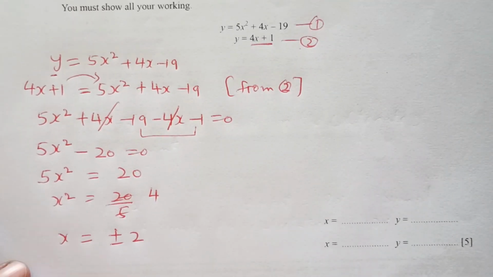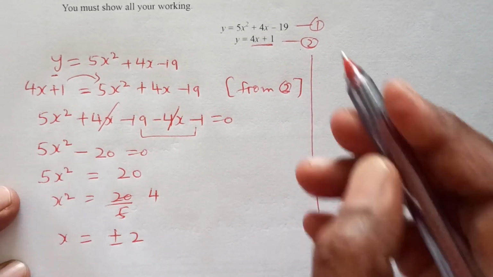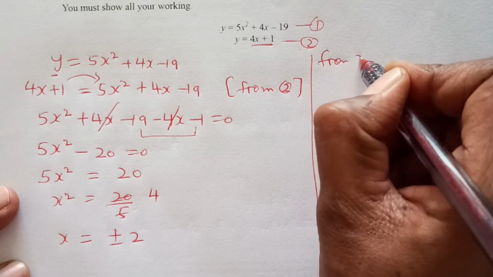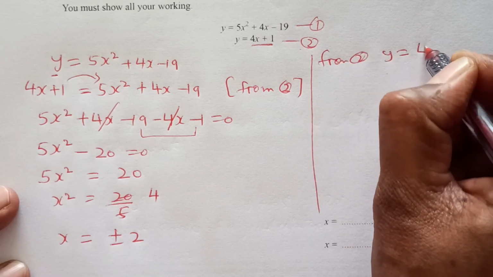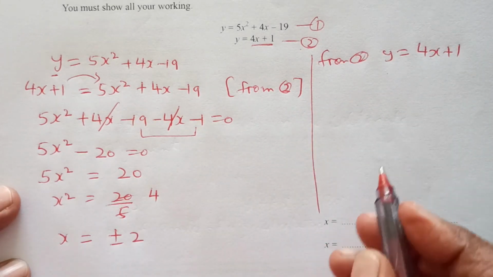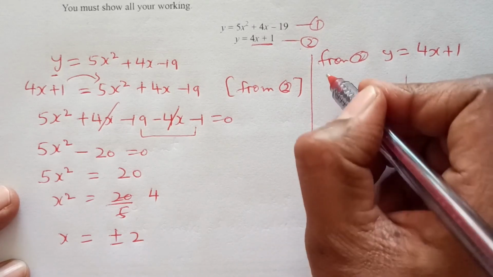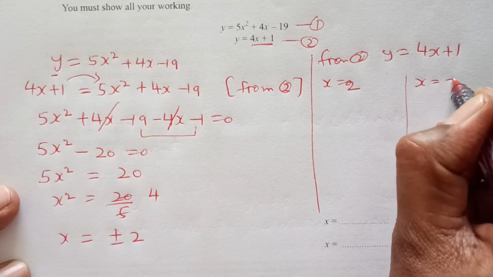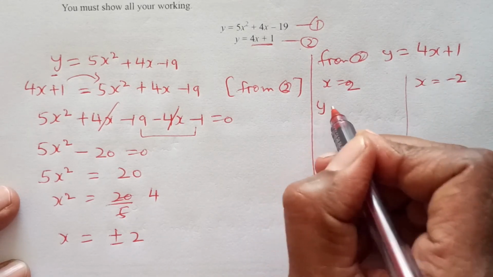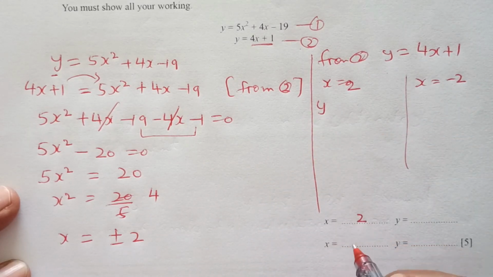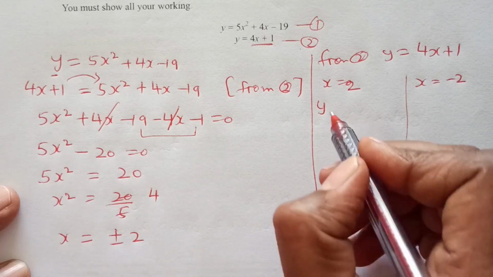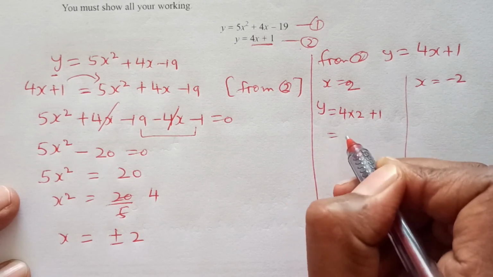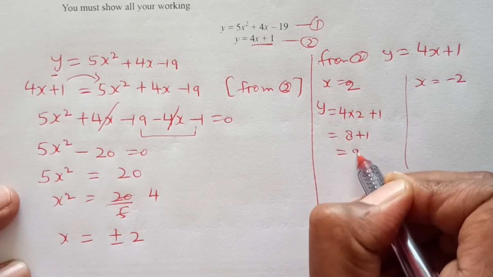So when x is plus or minus 2, we can use the second equation. From 2 we have y is equal to 4x plus 1. We can make two sections here, when x is equal to 2 and when x is equal to minus 2. When x is 2, y is 4 times 2 plus 1, which is 8 plus 1, which is 9.